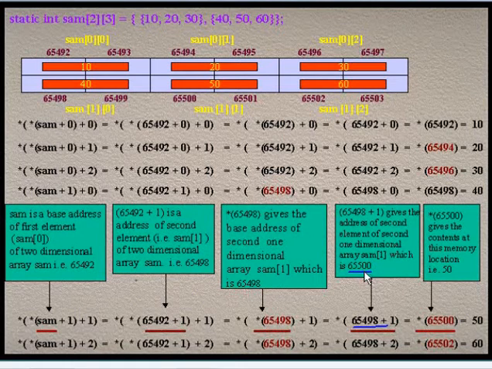Can you answer this question? Again I use pointer arithmetic. This is an integer pointer, and if you increment an integer pointer, we have to add 2 bytes because an integer consumes 2 bytes. Hence 65498 plus 2 bytes is equal to 65500. Clear? So I have replaced the expression 65498 plus 1 by 65500.